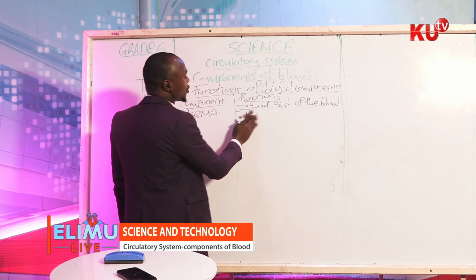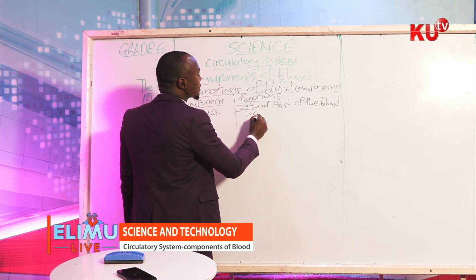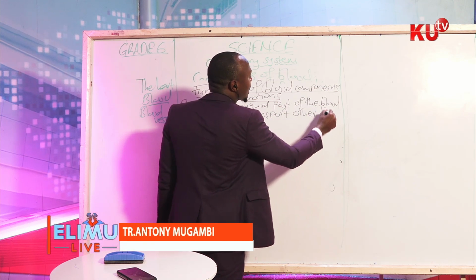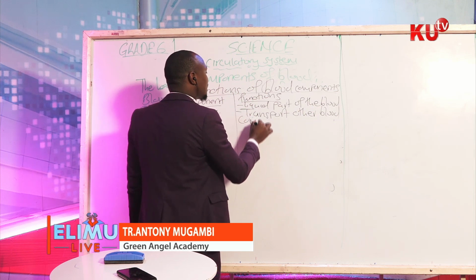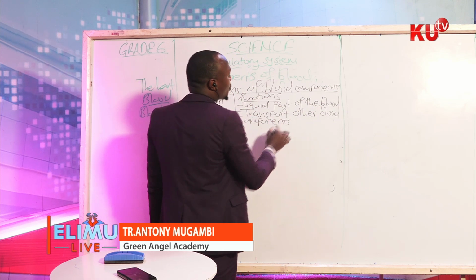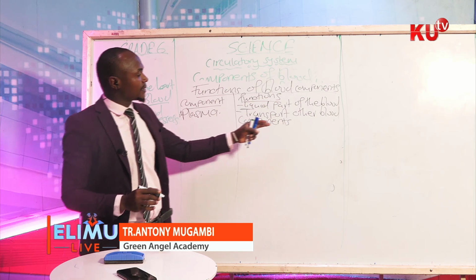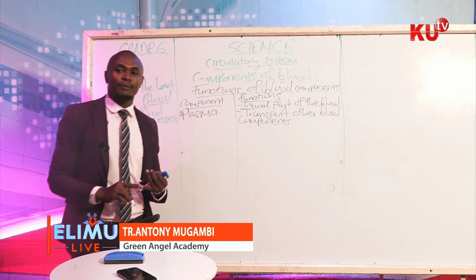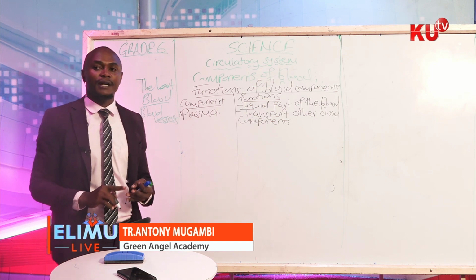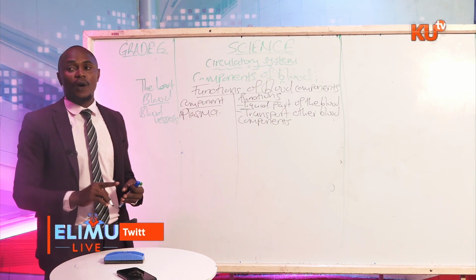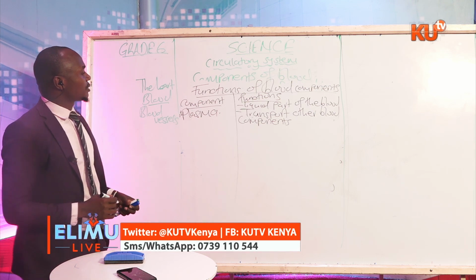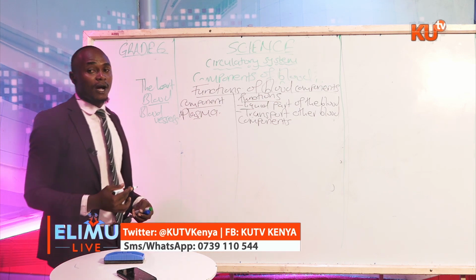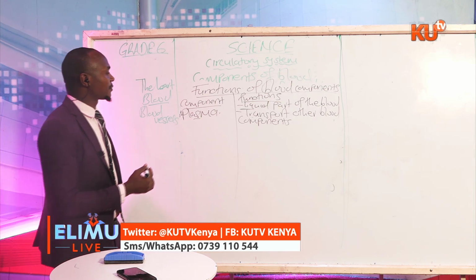So it carries, or we can say it transports, other blood components: the platelets, the red blood cells, and the white blood cells. It is the work of the plasma to transport them.